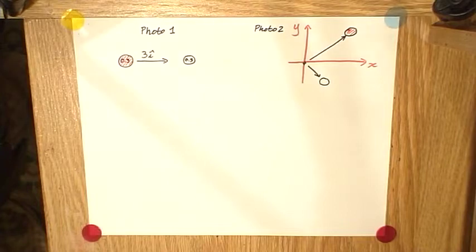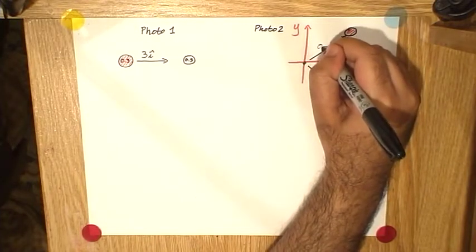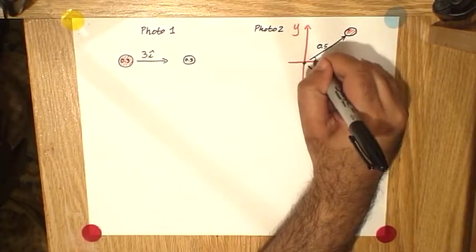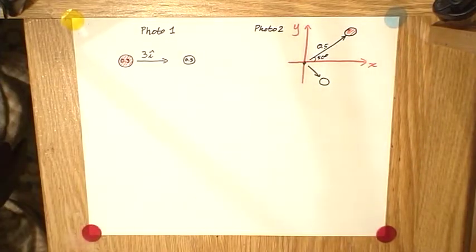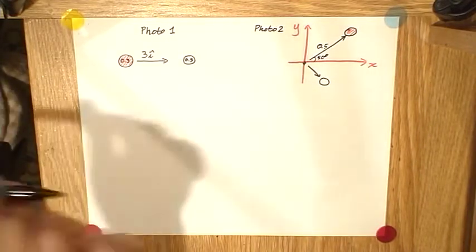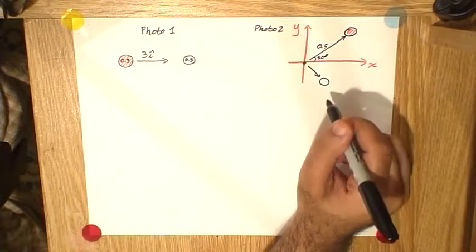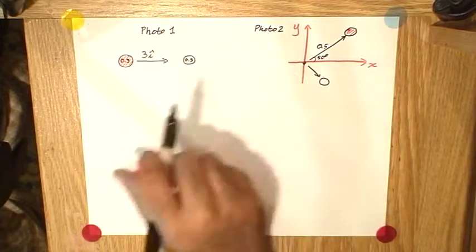We were told that this ball here is going to travel with a velocity of 0.5 at an angle of 50 degrees above the horizontal. And we need to find out what is the velocity of the second ball, the ball which I have not shaded.